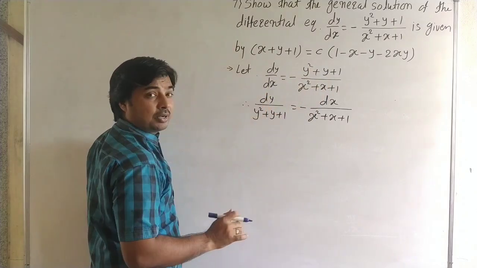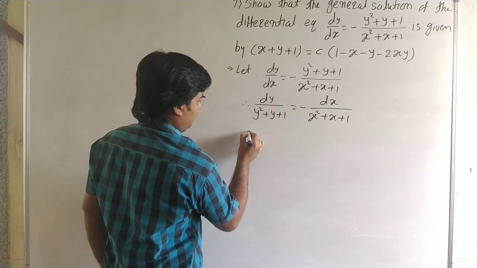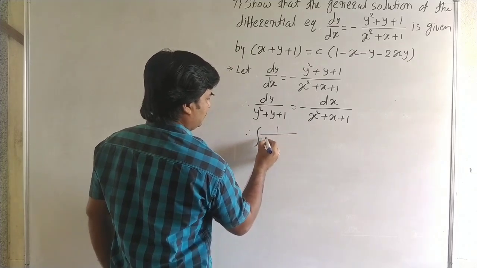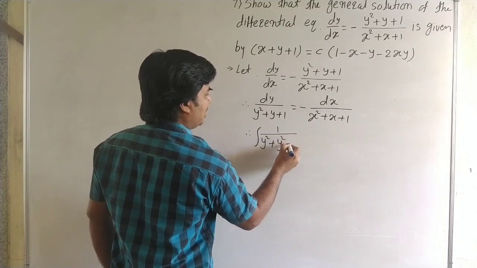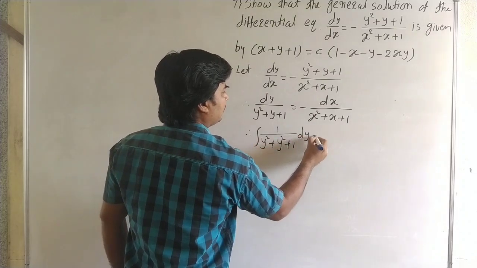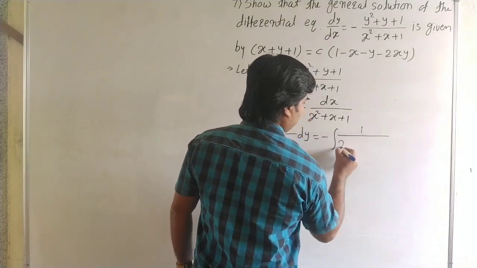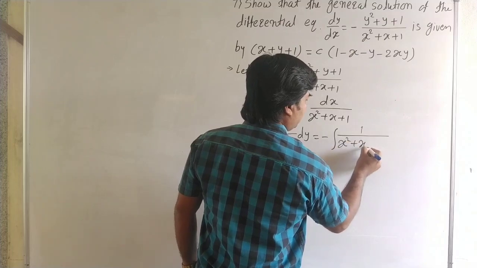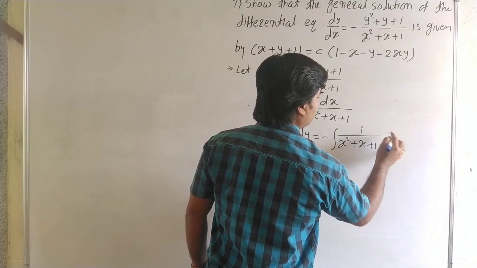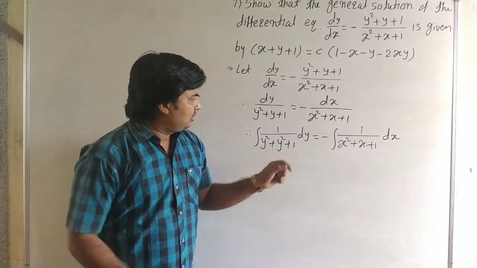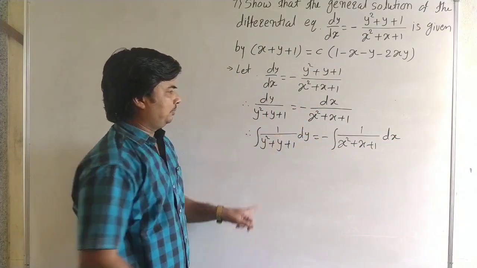Now variables are separated, taking integral on both sides. Integral of 1 upon y square plus y plus 1 dy is equal to minus integral of 1 upon x square plus x plus 1 dx here. Now both integrals are the same.